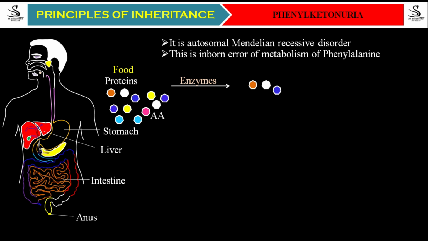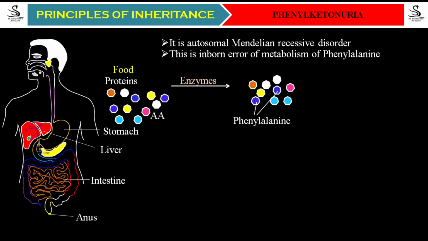And hence all the amino acids become free in our small intestine. These amino acids are absorbed and transported to every body part. Among these amino acids, phenylalanine is also there.